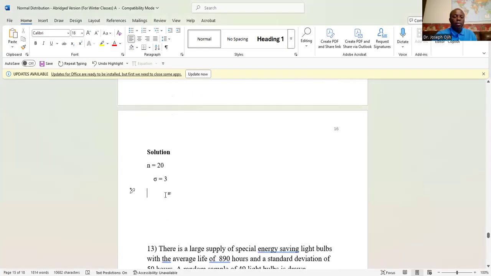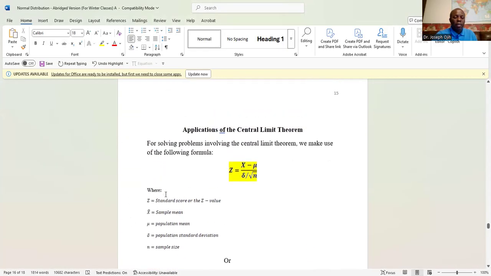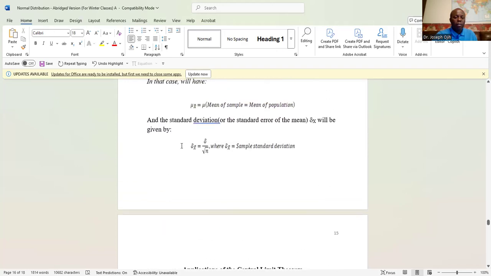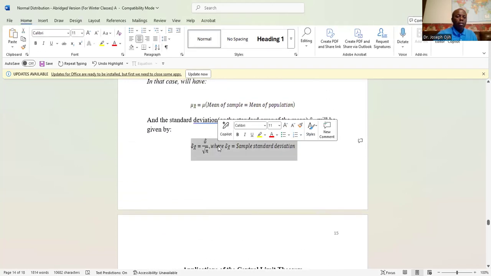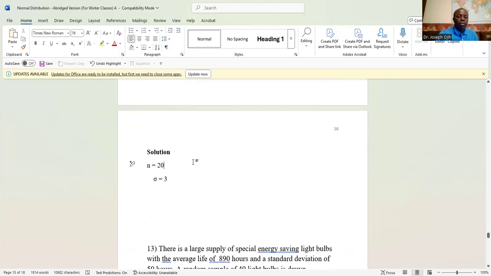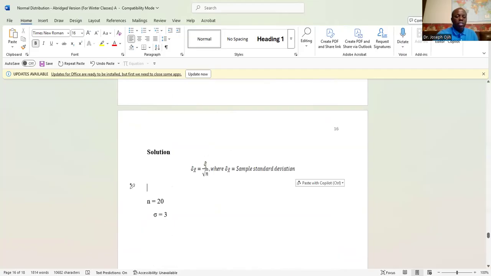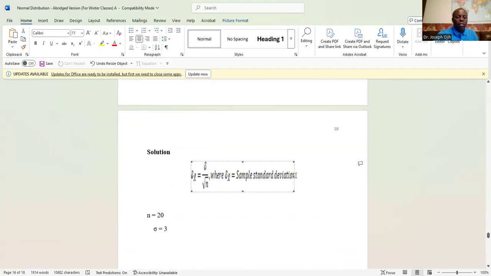So the standard error will simply be, look at the formula right here, just the standard deviation divided by the square root of n, the sample size.